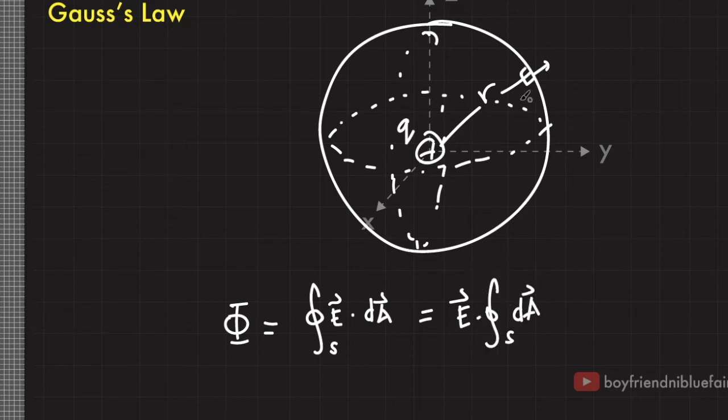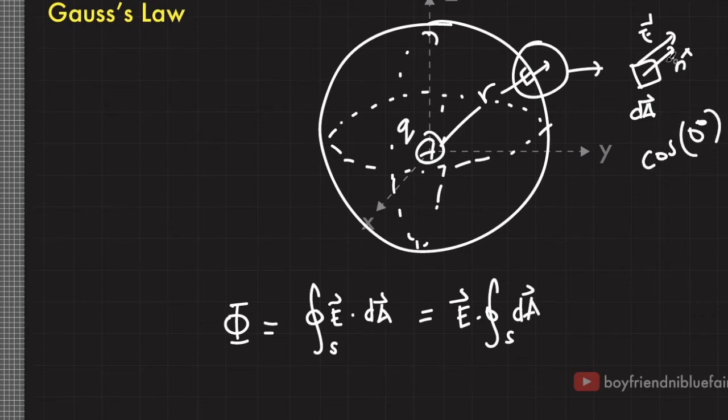Focusing on this small region, we have dA, an infinitesimal portion of the sphere that has a direction of n hat, and the electric field that passes through this small area is also parallel with n hat. So their dot product will result in a magnitude with cosine 0 degrees because they are in the same direction. I'm not going to write cosine 0 since it is equal to 1. And remember that dot product results in a scalar quantity.